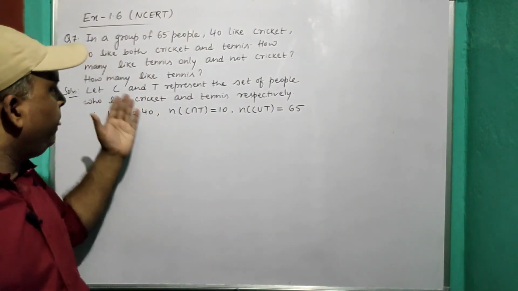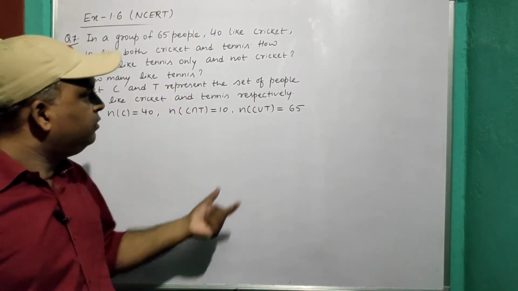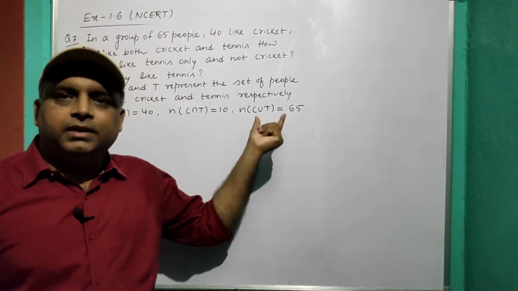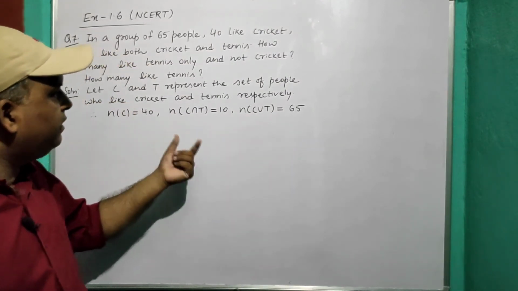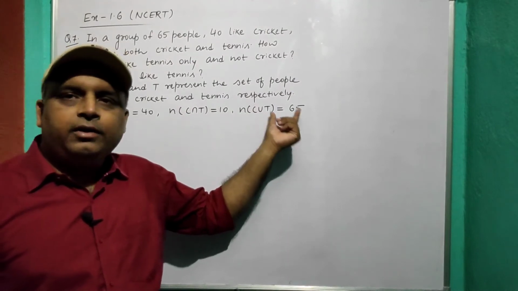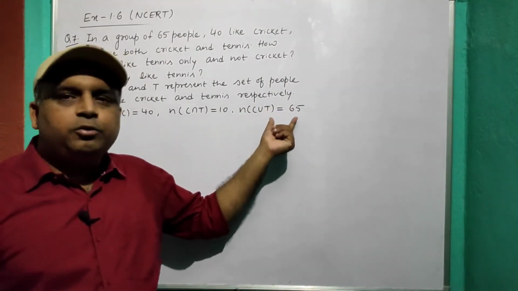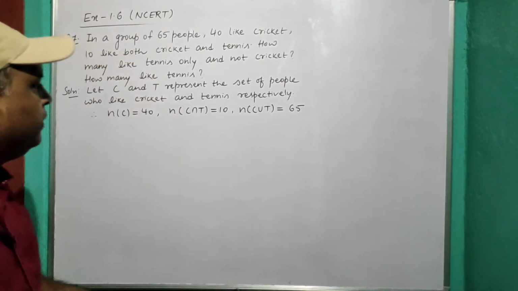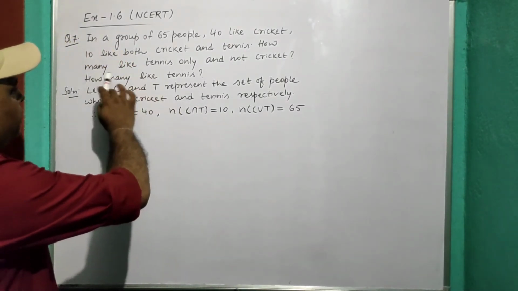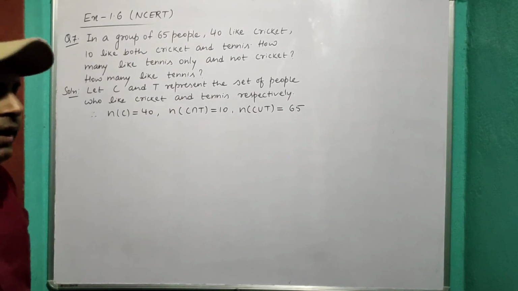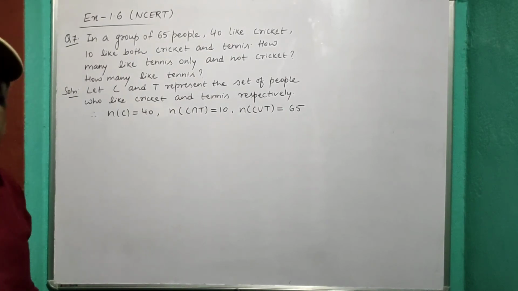But here nothing like that has been given, so we consider this as the union of C and T. It means we assume that all the people are playing at least one of those two games.